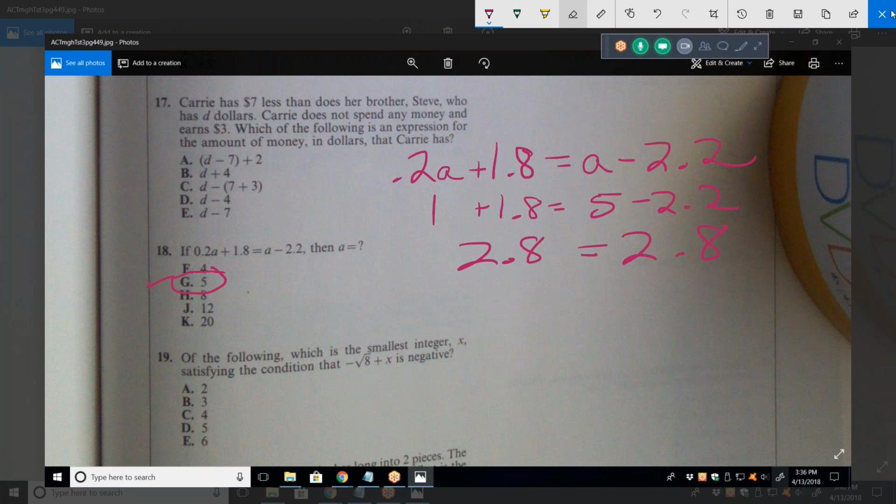However, this was not really the ideal problem for back solving. Had this not been an equation, I'm not sure if I would have needed a higher or a lower number. I wouldn't have known for sure. Let me show you the difficulty. Let's try the other place we could have started, which is J. If I start with J, then 0.2 times 12 is 2.4, plus 1.8 equals 12 minus 2.2.